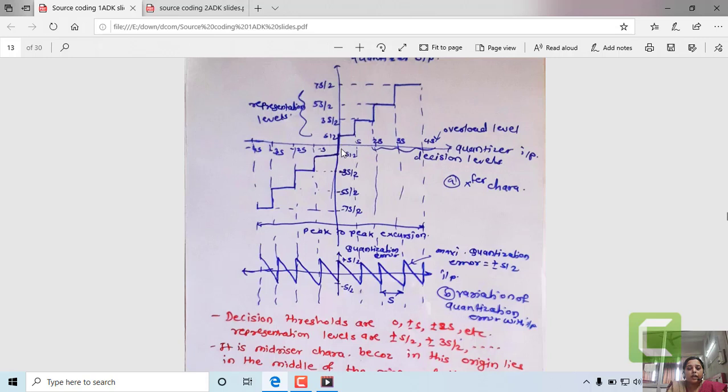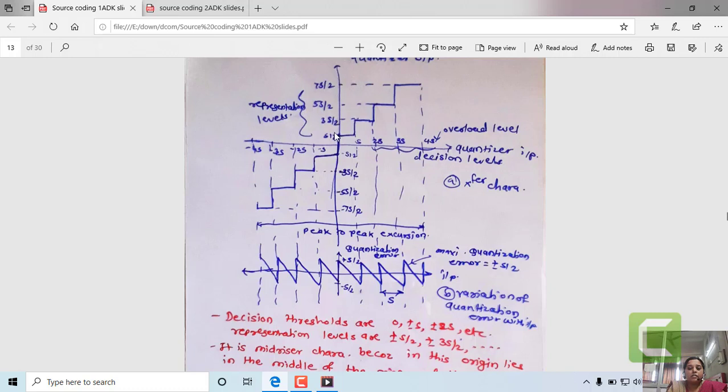But the similarity we observe is that on the x-axis the decision levels, that is the quantizer input, are always marked, while on the y-axis the representation levels, that is the quantizer output, are marked. Those are not going to change.